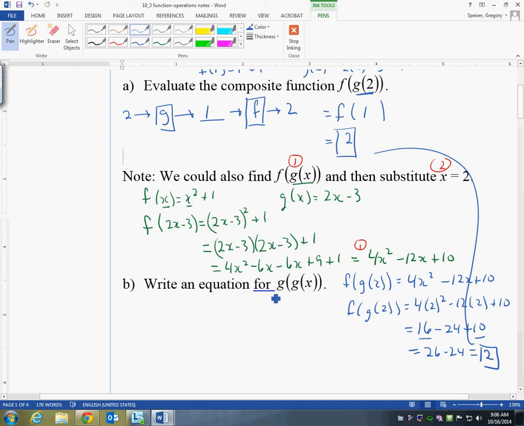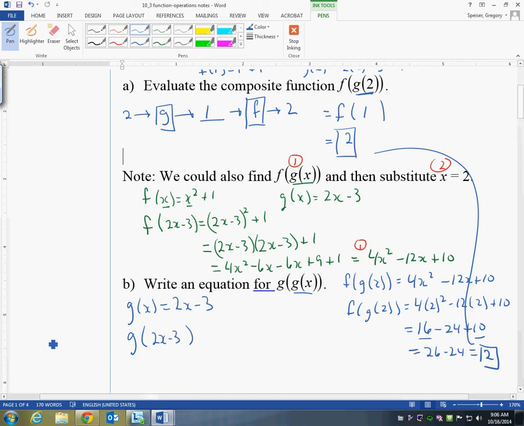Now it says write an equation for g of g of x. So g of x is equal to 2x minus 3. Remember what I said before: start with the inner function and then plug that into the outer function. So the inner function is g of x, and I'm going to replace the x inside g with 2x minus 3.